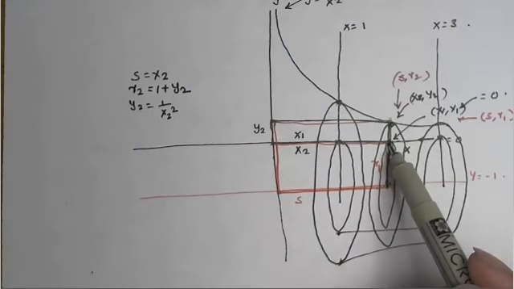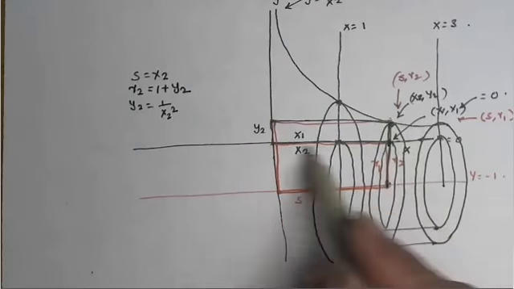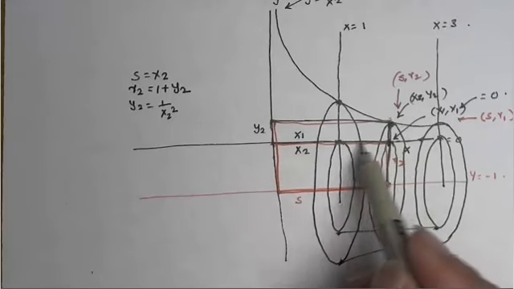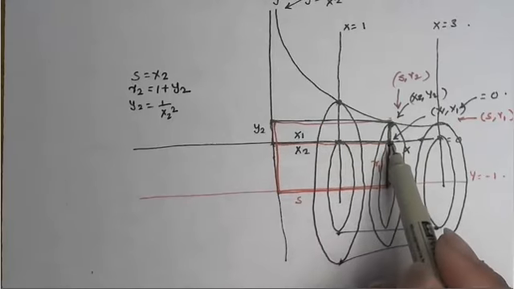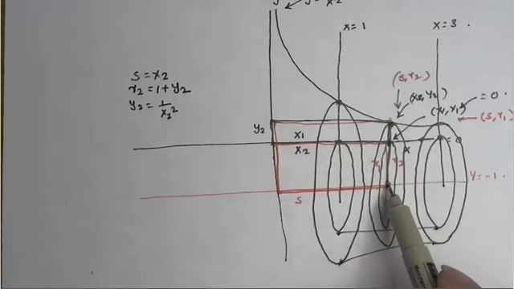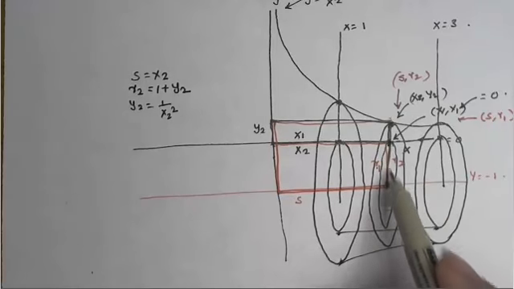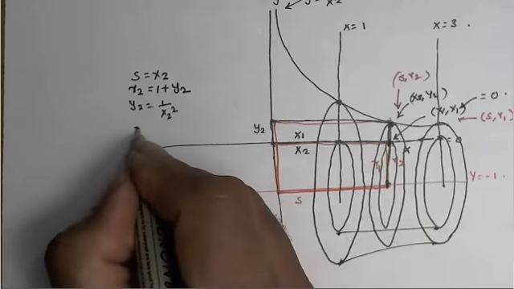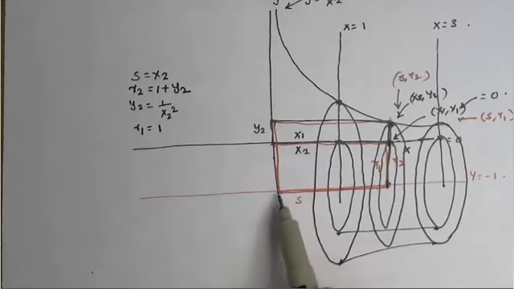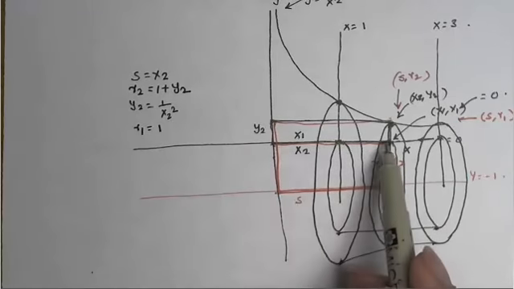Now we have to deal with this point. So for this point, this is my red rectangle, and the black rectangle is just flattened down to this line. So r1, which is from here to here, is just 1. It's just this distance. So r1 equals 1. Again, s equals x1.